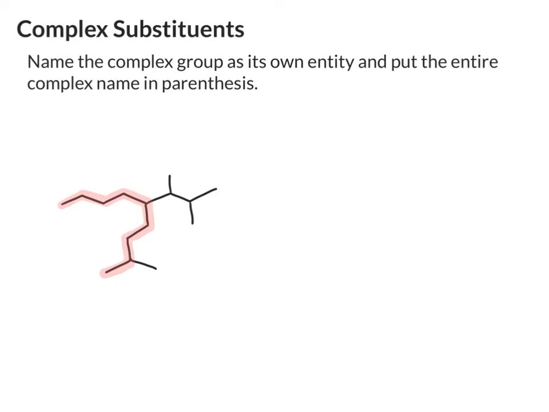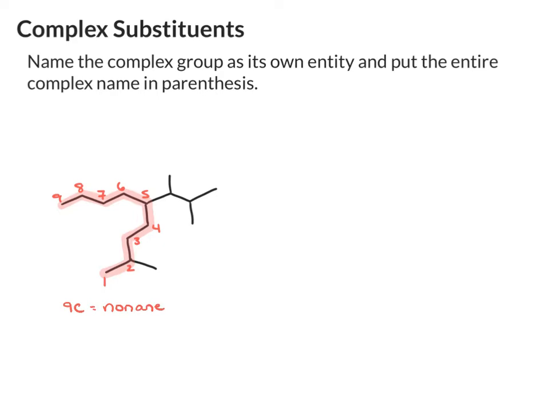Number it from the end nearest the first substituent, so that's going to be starting at the bottom. So we have a 9-carbon chain. That's going to be nonane as our parent.